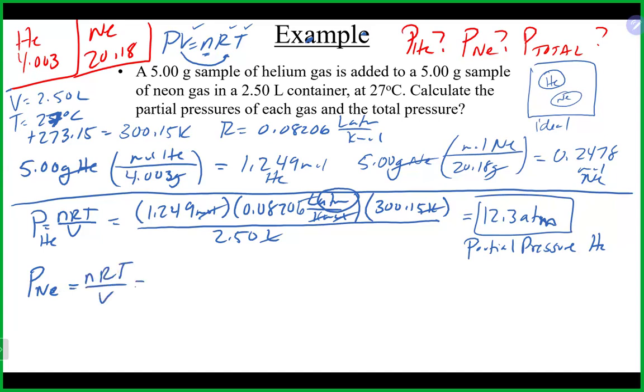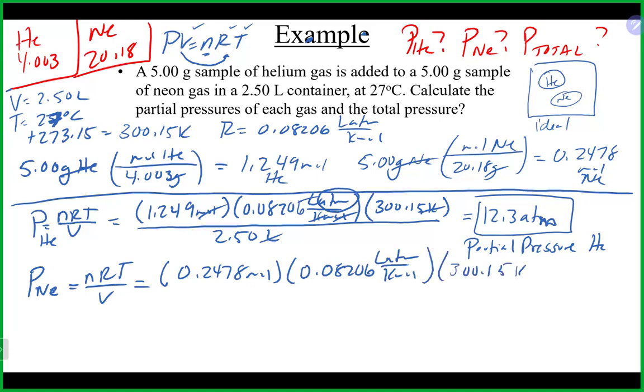The only thing that's going to be different is obviously we want to use the moles of neon in this case. So 0.2478. All the other numbers will be the same because they're in the same container, all divided by 2.50 liters. Again, everything's going to cancel except for atmospheres.